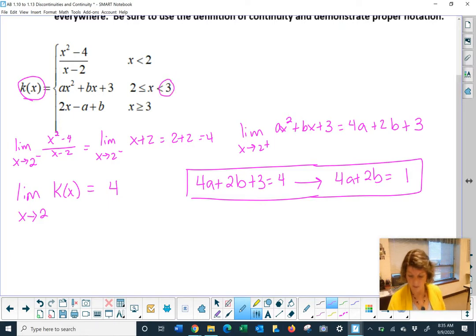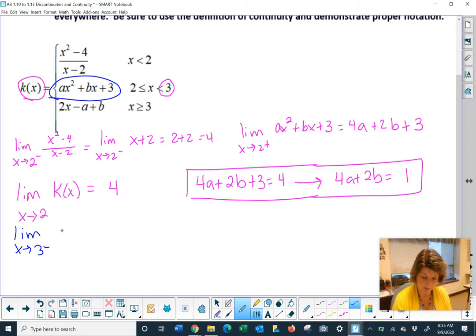So we do the same type of work again. The limit as x approaches 3 from the left will be this function, ax squared plus bx plus 3. Plug in 3, because we're approaching 3 from the left.